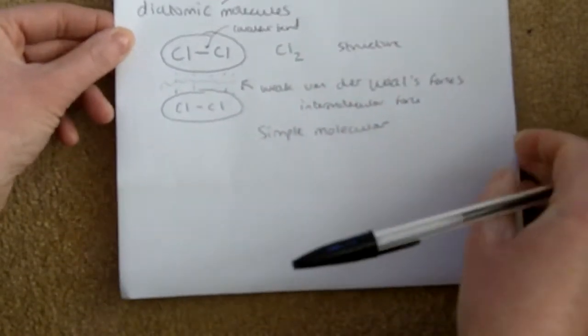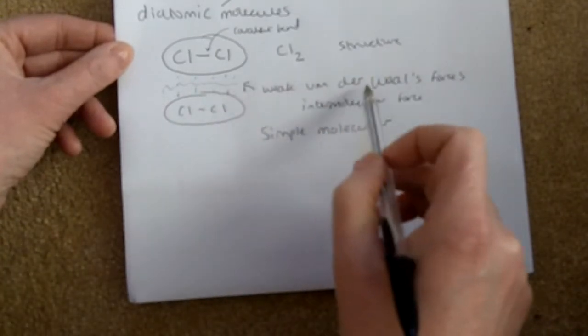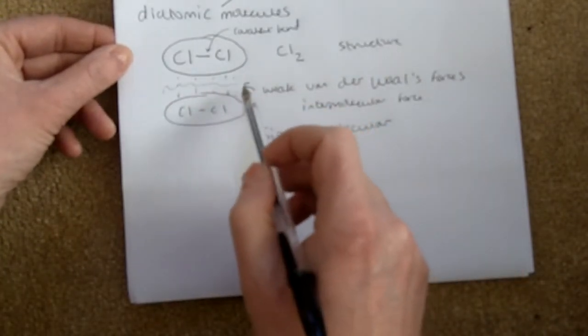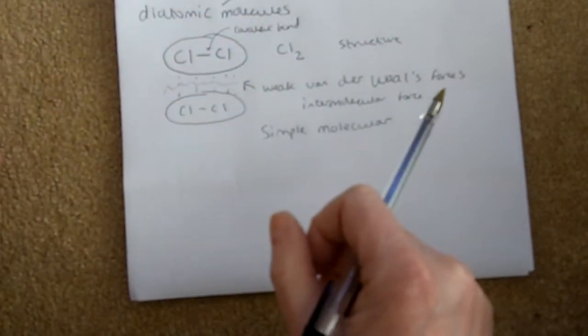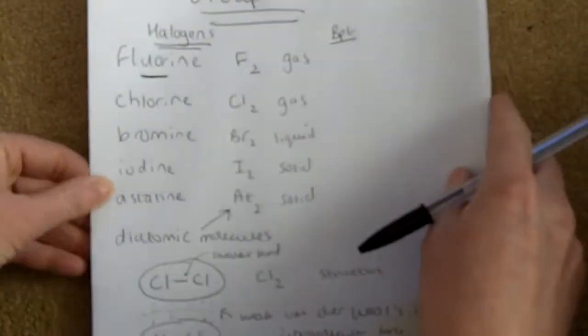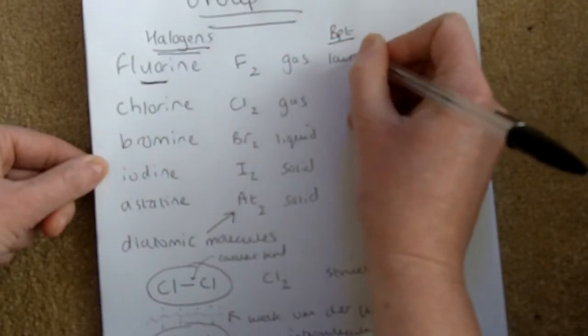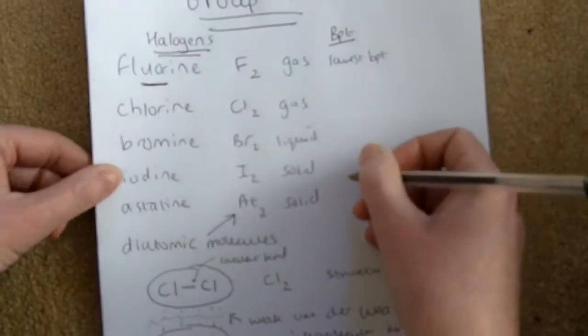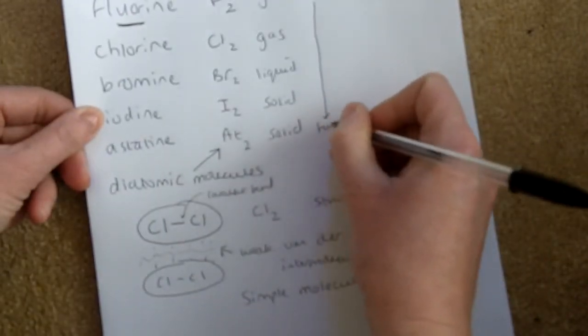It's a covalent bond inside the molecule and weak van der Waals forces between the molecules. So when we boil it, we just separate the molecules and break the weak van der Waals forces. Now, you can probably see, because I've already given the physical states, that this one has the lowest boiling point because it's a gas, and it goes down to the highest boiling point.